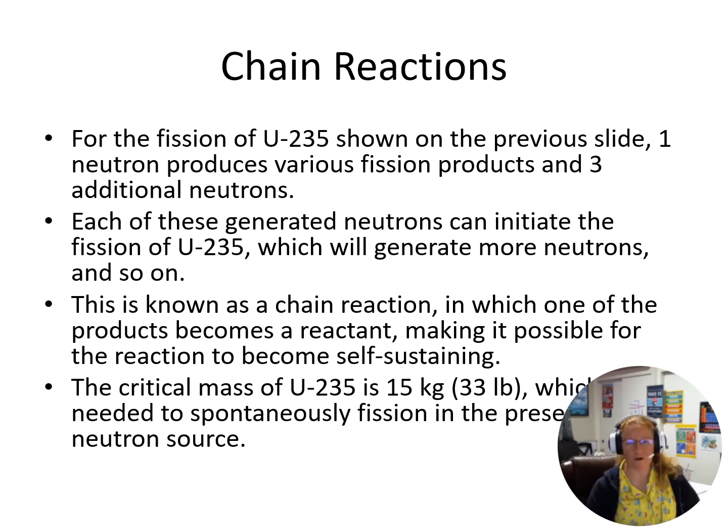So we get 1 neutron giving us a bunch of fission products and more neutrons. What's happening is one of the products ends up becoming a reactant for the next reaction. So we end up getting this self-sustaining reaction. Once we start it, until we do something to physically stop it, it keeps going and going and going and going.